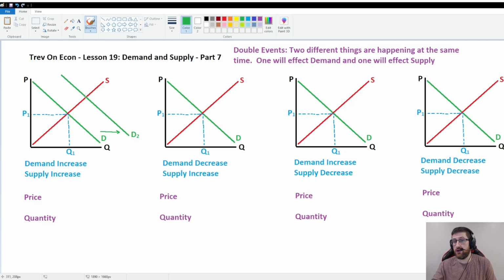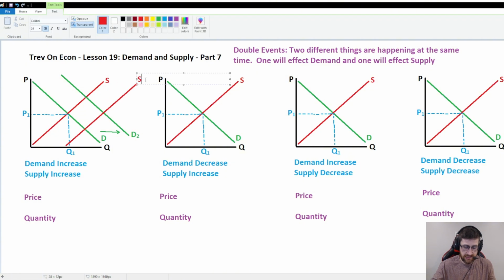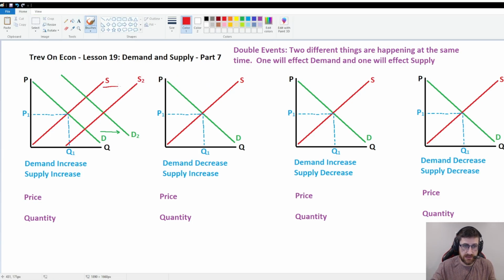We want both curves to shift. So we now need to do the same thing with supply. So supply is here. It's going to increase, meaning shift to the right. I'm going to call it again S2. I've shifted to the right. And now we've done the movements themselves.